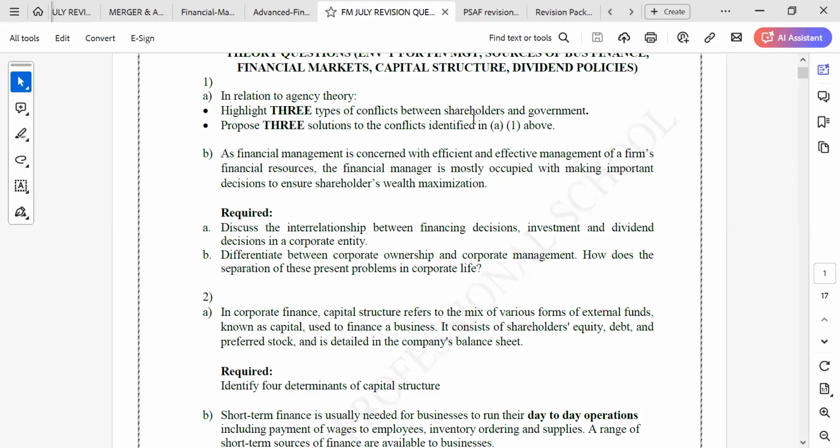Differentiate between corporate ownership and corporate management. How does the separation of these present problems in corporate life? Corporate ownership and corporate management. What is the difference?